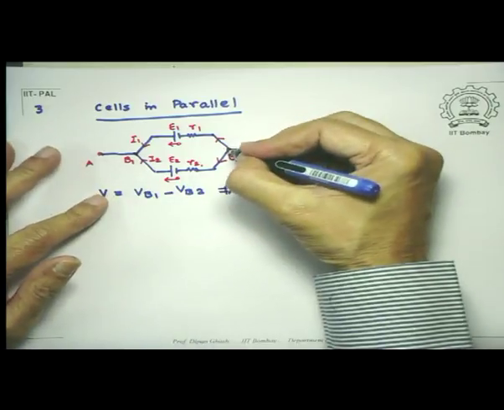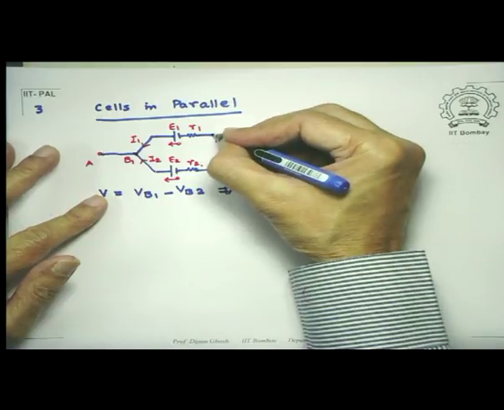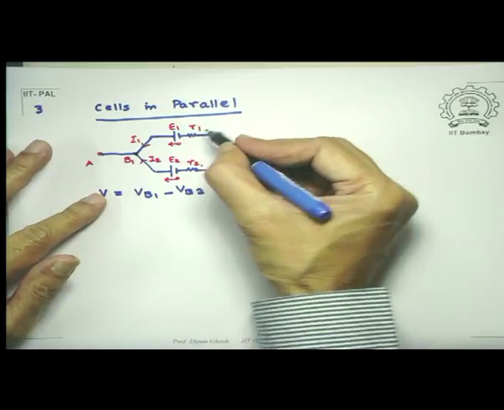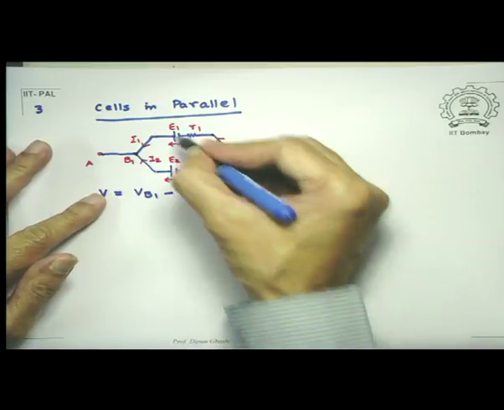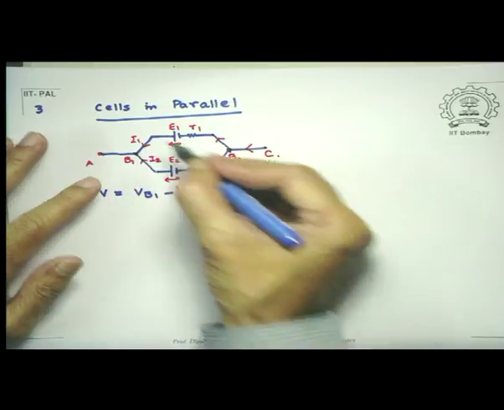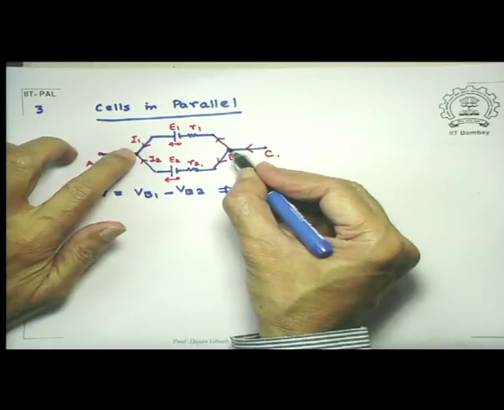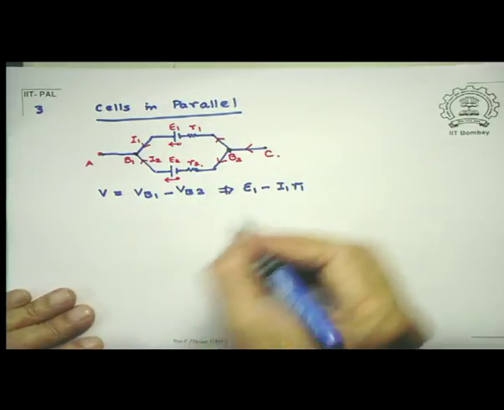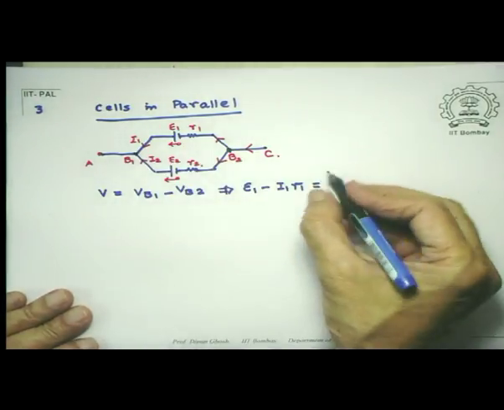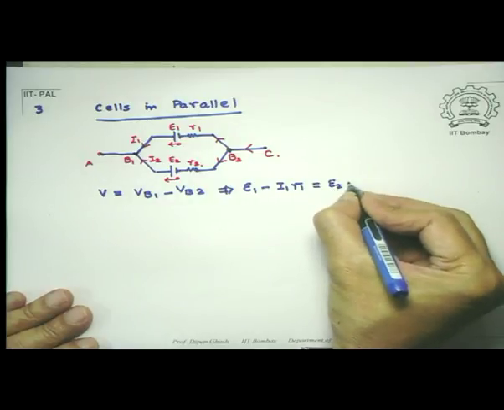I just go from the point B to this point. Since I am going in the direction of current, drop is I1 R1, I pick up EMF E1 and then come back to the point B, so that by that I get this difference. And this is also equal to, if I proceed like this, E2 minus I2 R2.